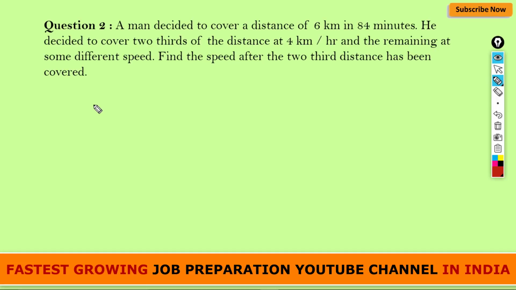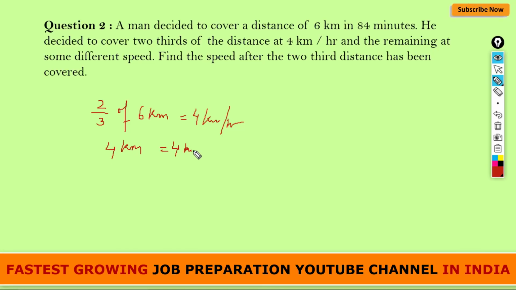Okay, so we are given that 2/3 of the 6 km was covered at 4 km per hour. So 2/3 of 6 means what? 3 twos are 6, 2 into 2 is 4. It means a 4 km distance was covered at 4 km per hour.